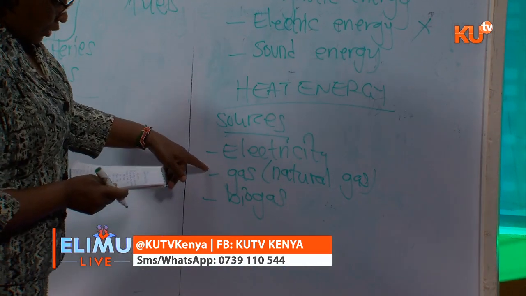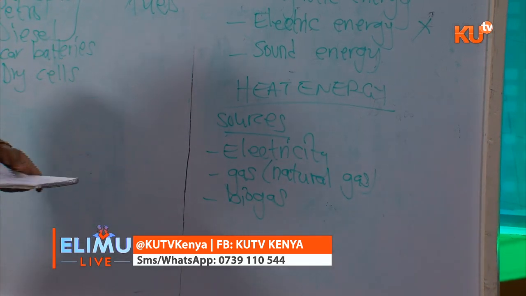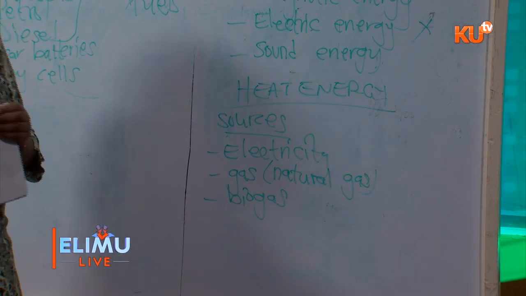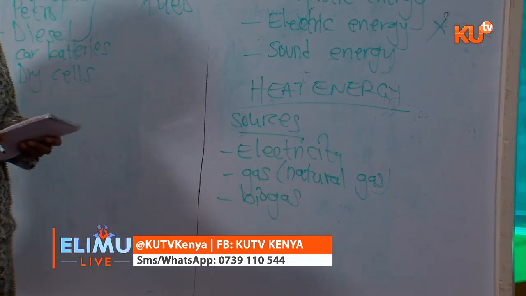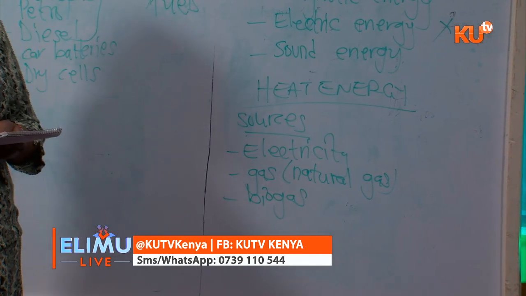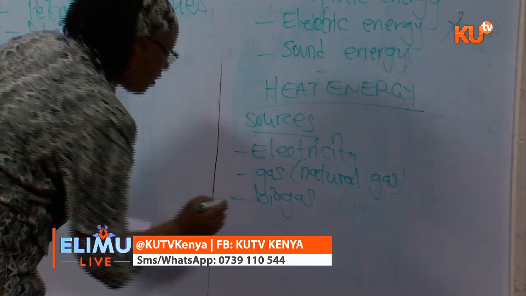Natural gas is got from petroleum products. Biogas is got from waste materials. We can have human waste, animal waste, even decaying kitchen refuse, decaying plants. We can get biogas from there.